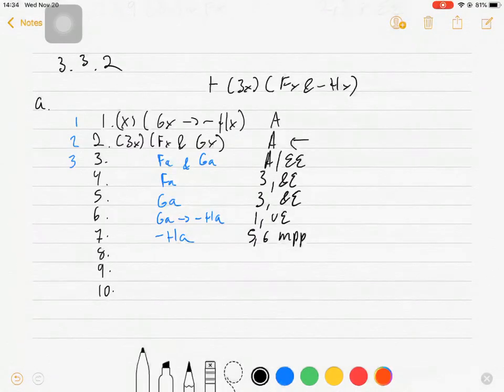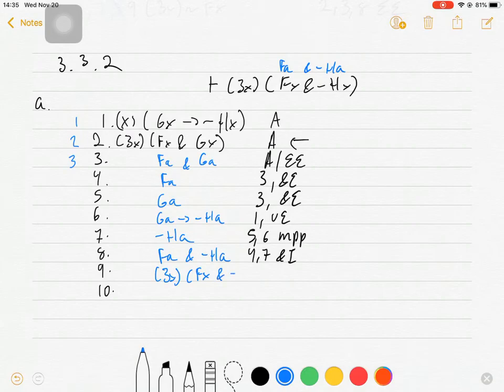Modus ponens, and then a and introduction later. We can see that we're at the step that would come right before being able to do EI. So we can do our EI, replace all the A's with an X.